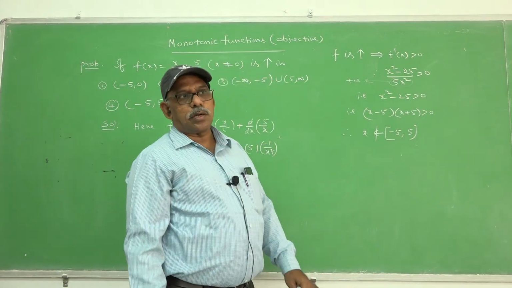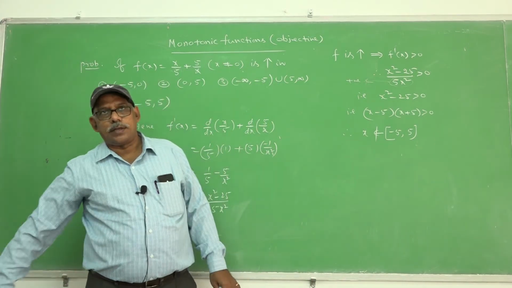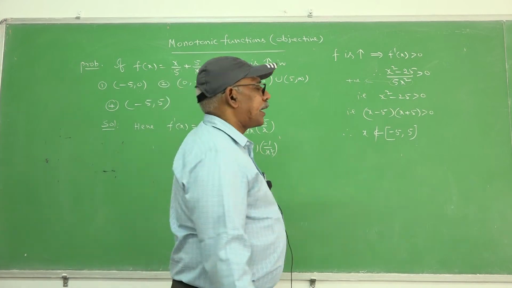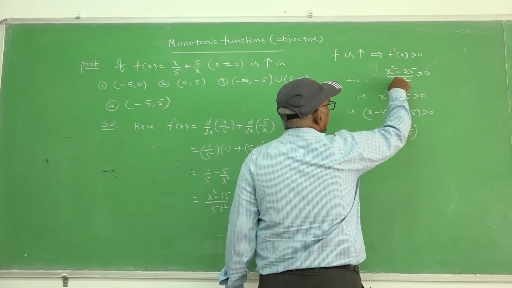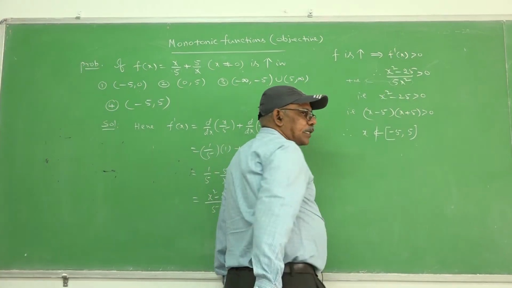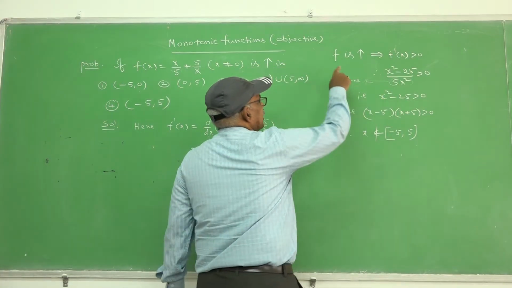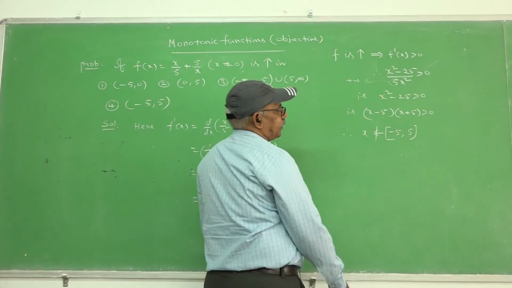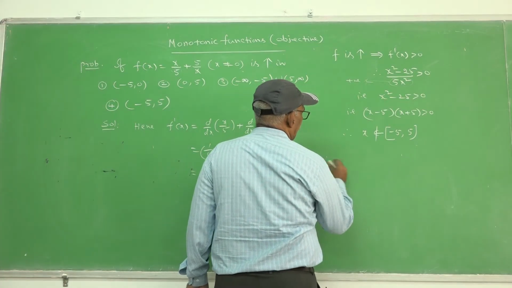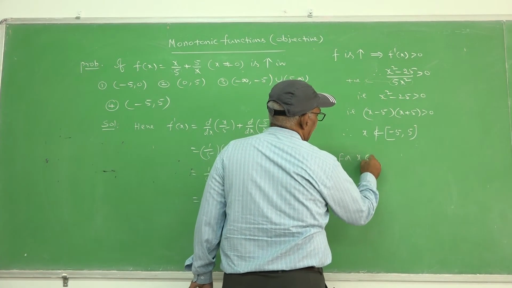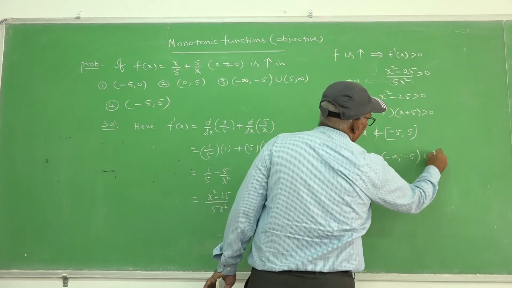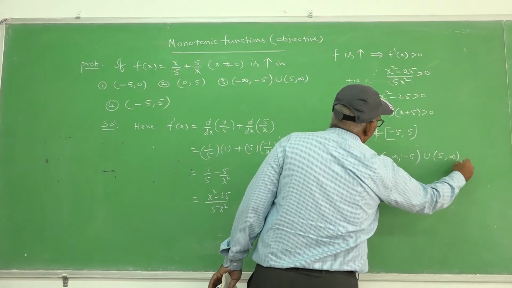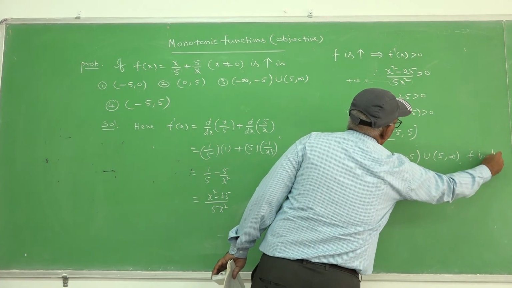Whenever x does not lie between minus 5 and 5, this inequality is valid, hence f dash x is positive, hence f is increasing. Therefore, for x belongs to the open interval minus infinity to minus 5 union 5 to infinity, f is increasing.